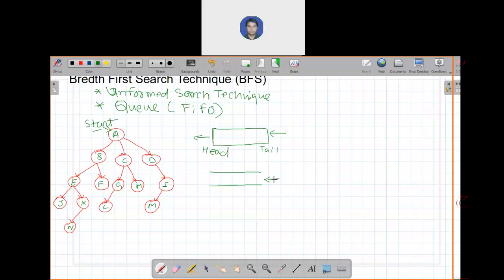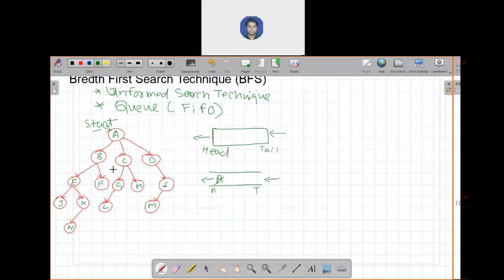So insert A in your queue. Just consider this is your head and this is the tail end. After entering the initial state, you dequeue this state and explore from it.